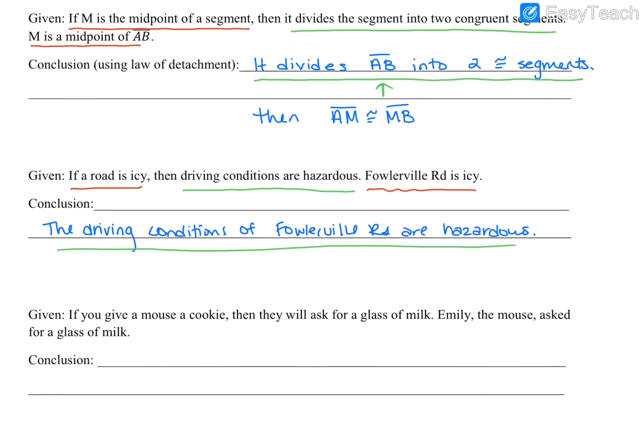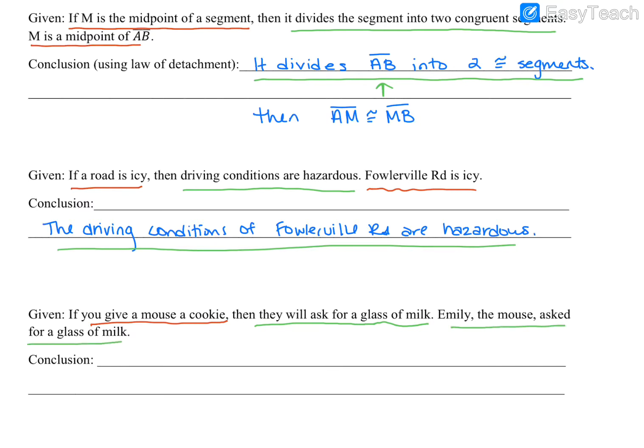All right, so our next example, the hypothesis says if you give a mouse a cookie, and our conclusion is then they will ask for a glass of milk. So it says Emily the mouse asked for a glass of milk. They are giving you the conclusion. That matches the green, the conclusion.